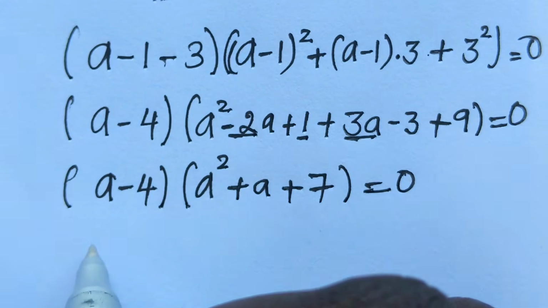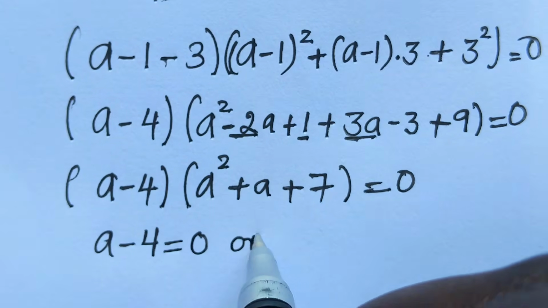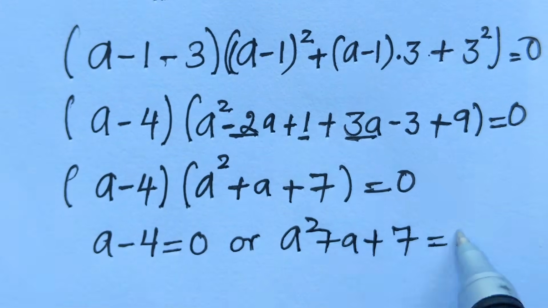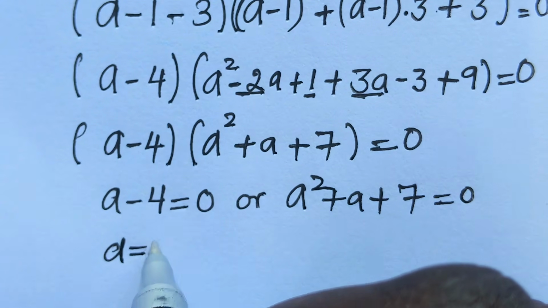Of course here we shall write a − 4 = 0, or a^2 + a + 7 = 0, and then of course a will be 4.